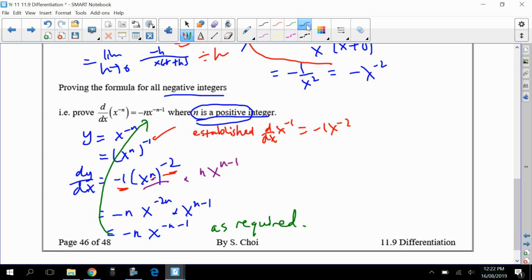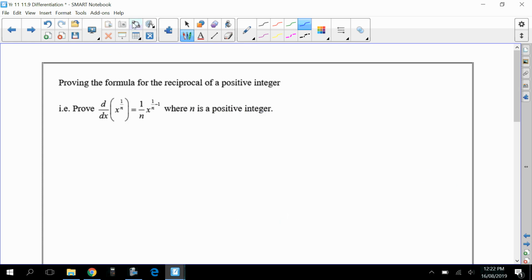All right, go to the next page, and we're going to prove it is true for any fraction. For the fraction bit, basically we have to prove it's true for 1 over n, and that becomes that. So to prove that, again, we'll let y equal to x power 1 over n, where n is a positive integer.